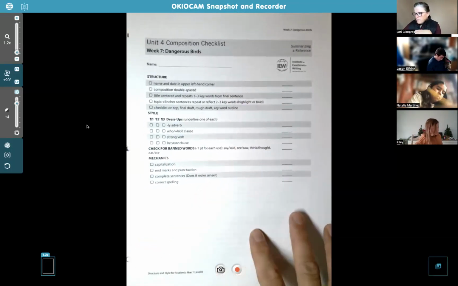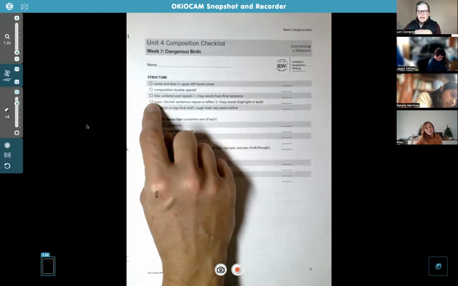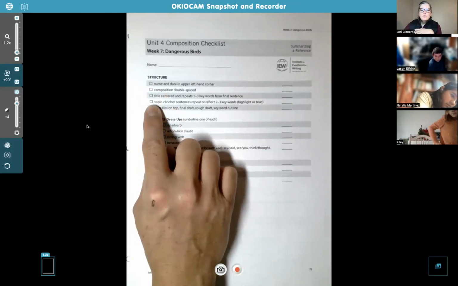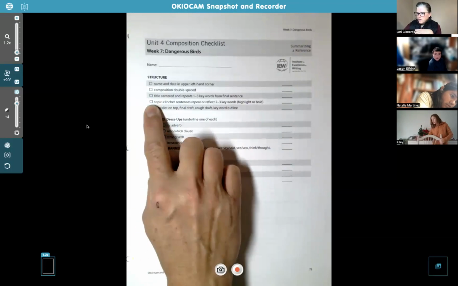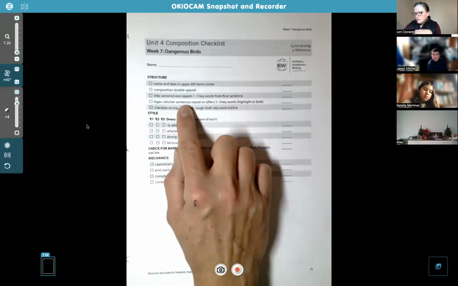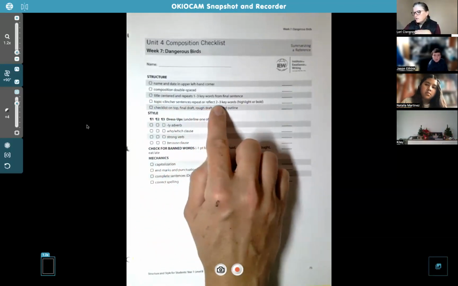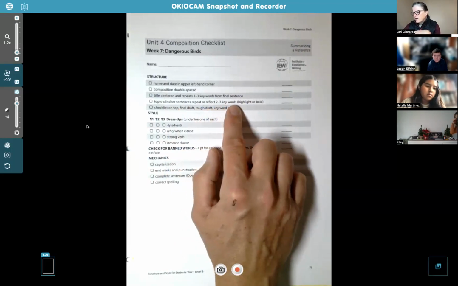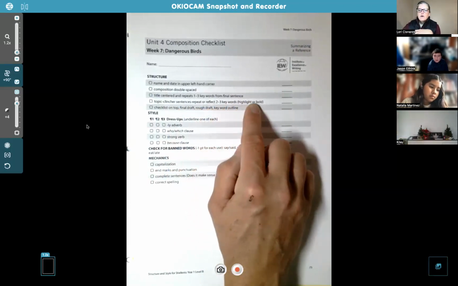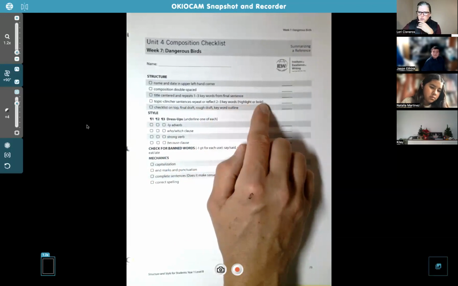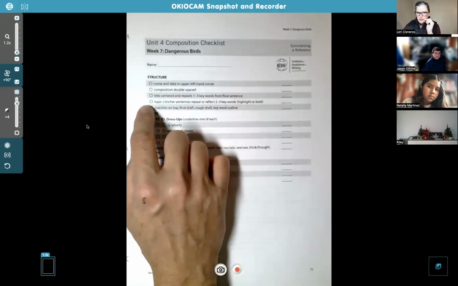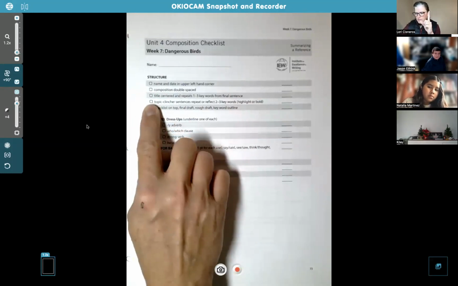The first thing I want to point out is the 4th box down on the top. There's a new rule here under structure. It says topic clincher sentence repeats or reflects 2 to 3 key words, and then it says highlight or bold. We'll talk about that more in just a minute, but that's new on your checklist.